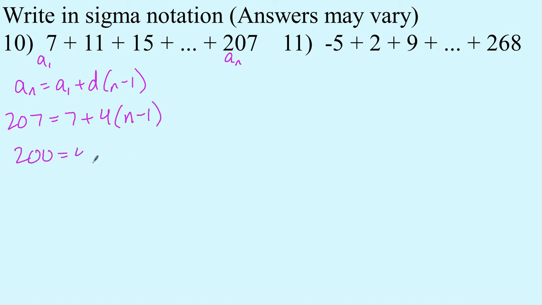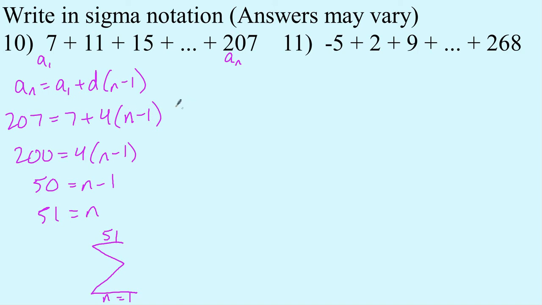So 200 equals 4 times n minus 1, 50 equals n minus 1, so n is 51. Our sigma notation is when n is 1 and we go to 51. Our general formula is 7 plus 4 times n minus 1. So we have 7 plus 4n minus 4, so 4n plus 3.